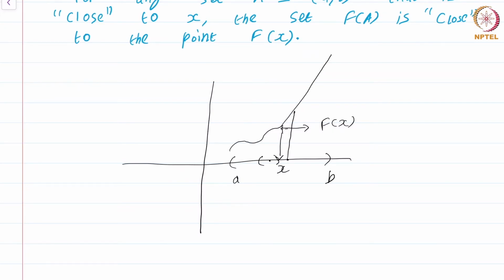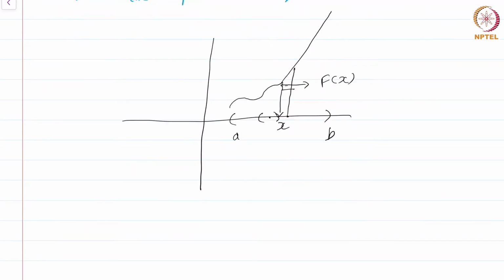What we are really interested in is not just what happens to f(y) when y is near x, but in actuality what happens to f(y) when y is infinitesimally close to x.